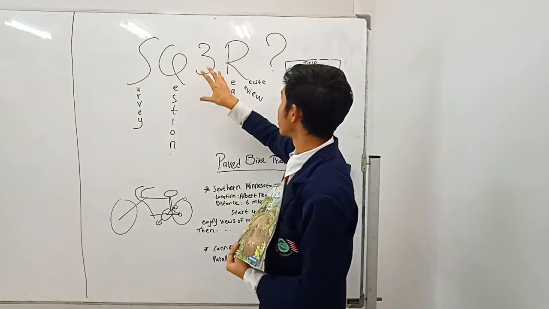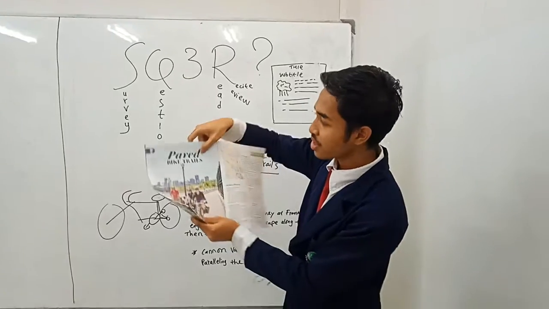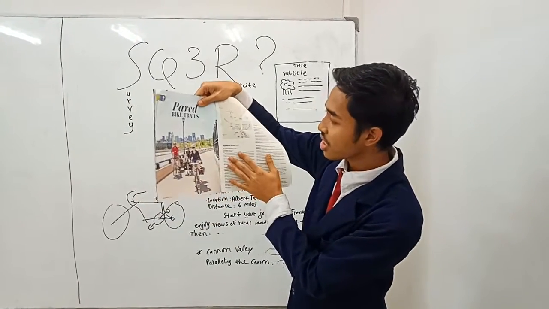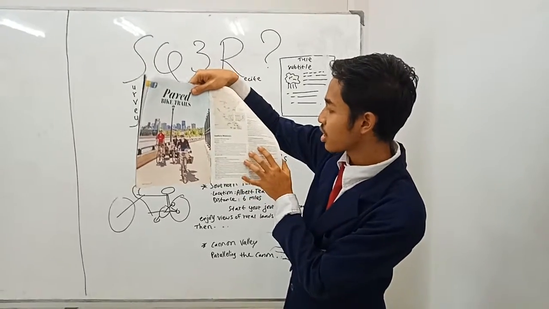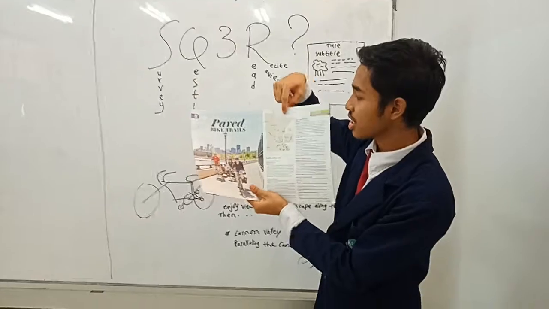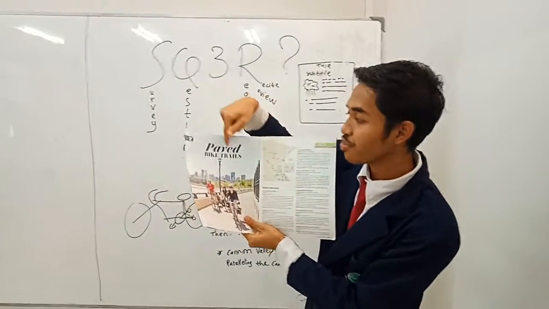Okay, and then the 3R, we have to read. We want to know what Pivot Bike Trail is. So we have to read Southern Minnesota, Cannon Valley, go to Hospital Square, and then what does this tell about? This tells about the location, the map of the Pivot Bike Trail.